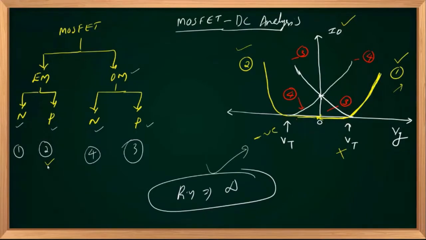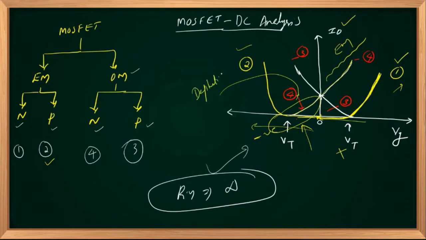Curve number 3 and 4 operate in both modes. Here it is enhancement mode because as gate voltage increases, drain current increases. In the other region for curve number 4, drain current decreases as the magnitude of Vg increases in the negative direction. So we'll call this depletion mode operation.